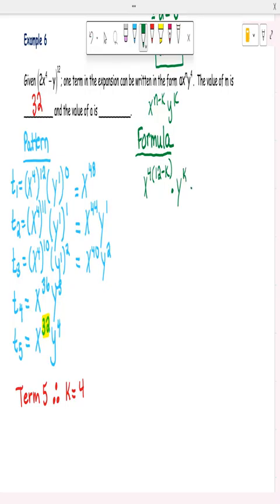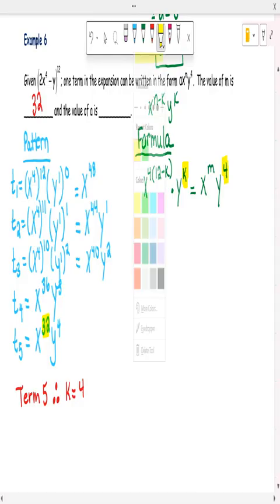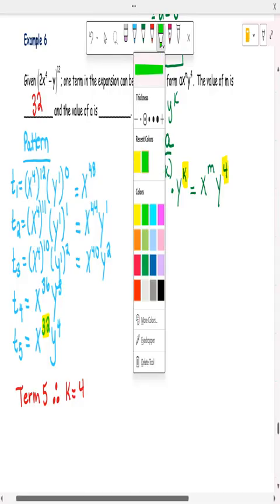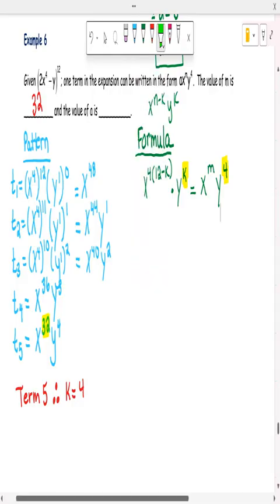And this must equal x to the power of m, y to the power of 4. So this one's super fast. Do you guys agree that k equals 4? So then I can use that to solve this equation.